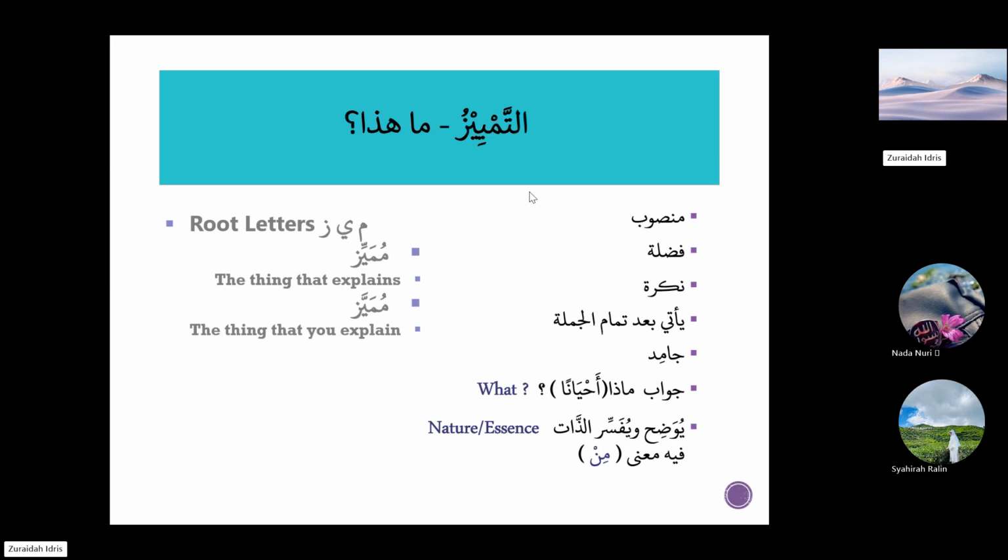But we call it tamyiz because this is actually the masdar of the family. And this is your isim fa'il and isim maf'ul. And what does it do actually? Tamyiz is an isim. That's why we have alif lam, as you can see, it's an isim.